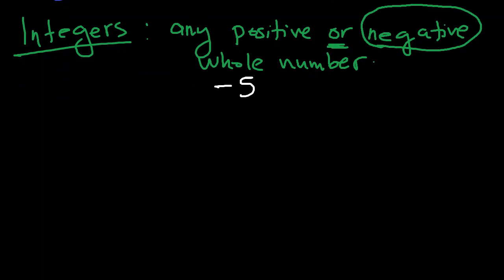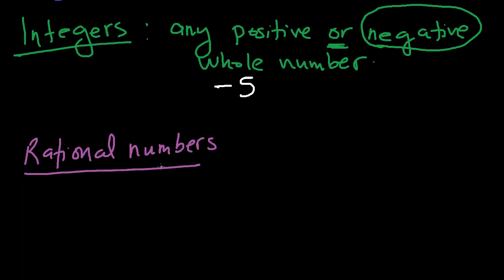So let's look at the last type of number, rational. So what are rational numbers? So rational numbers are basically fractions. So numbers that can be written as fractions.